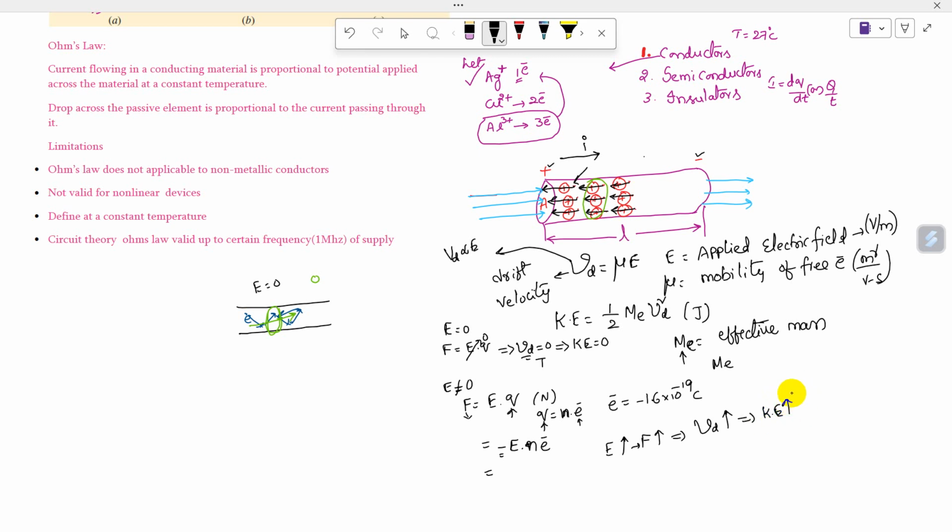Now they will move at a faster rate. So the amount of charge crossing this cross-sectional area, current per unit area, is given by the current density. Units are ampere per meter square.